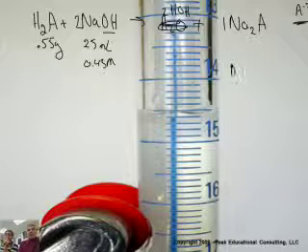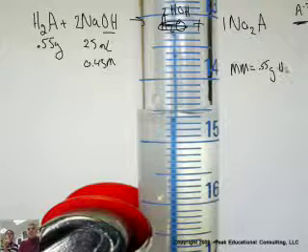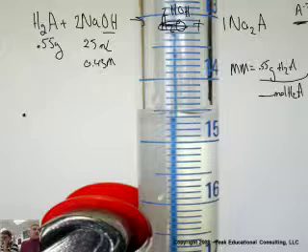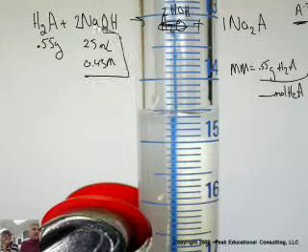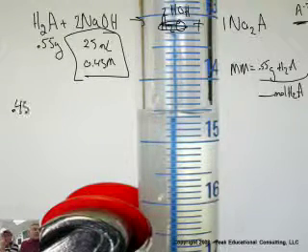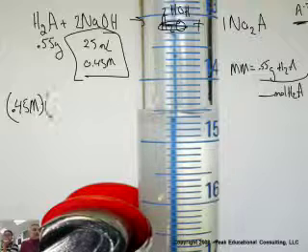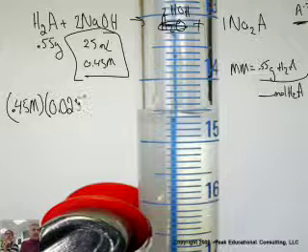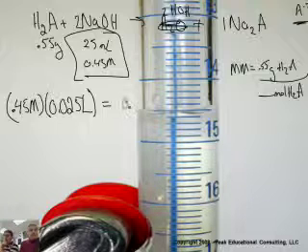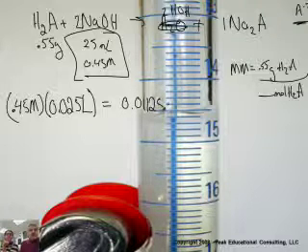Now, again, the molar mass will be the grams, 0.55 grams of H2A, divided by so many moles of H2A, which we don't know yet, but we can get. So stoichiometrically, I'm going to take M times V right here. So 0.45 molar times 0.025 liters. Again, I'm converting to liters quickly in my head. 0.01125, and that's moles of sodium hydroxide.